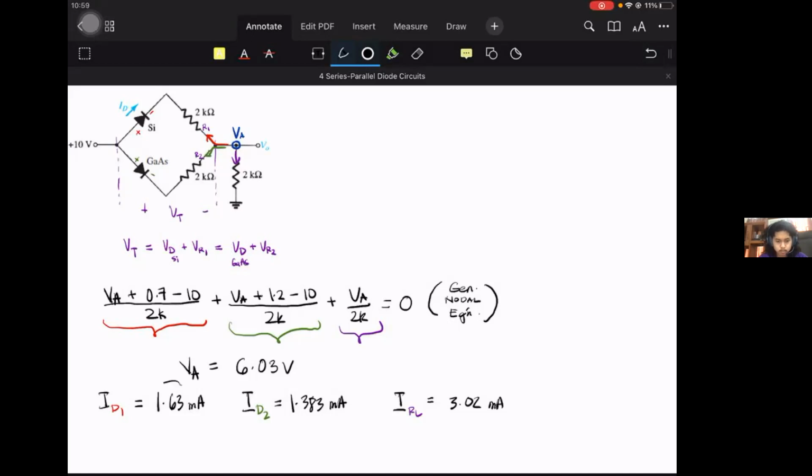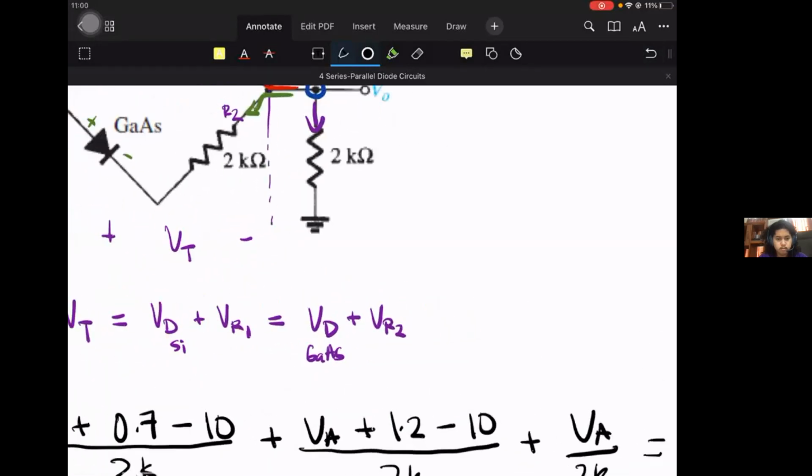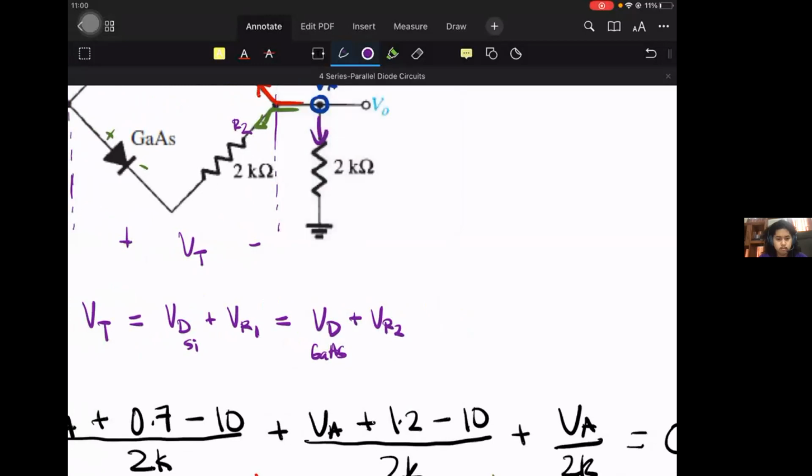Kung gi-multiply ni og 2K, then gi-add og 0.7. Then ako po gi-multiply ni og this 2K, then gi-add sa 1.2. Pare lang answer. So mga 3.97 ang ilang kaning VT. Kaning VT. So lang yun i-check, no? Extra pa lang siya. Extra steps. Na nasa mga 3.96. Just to check.